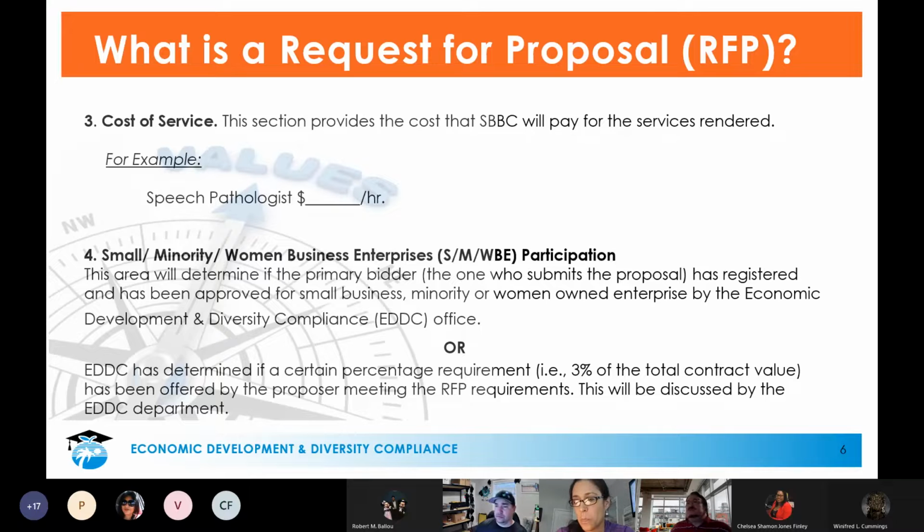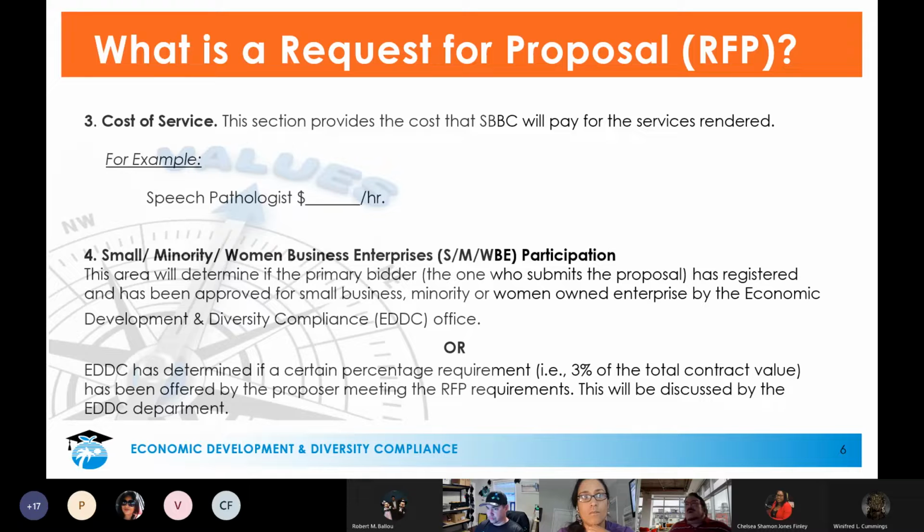This area will determine if the primary bidder, and this is what we are terming as the primary bidder, is the one who submits the proposal, has registered and has been approved for small business, minority, or women-owned enterprise by the Economic Development Diversity Compliance, or EDDC office.